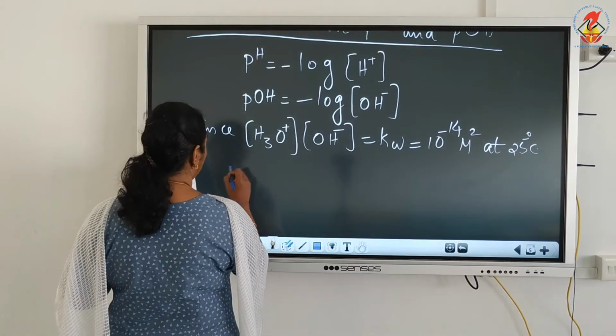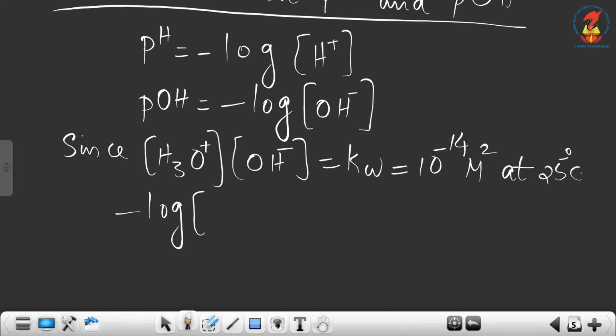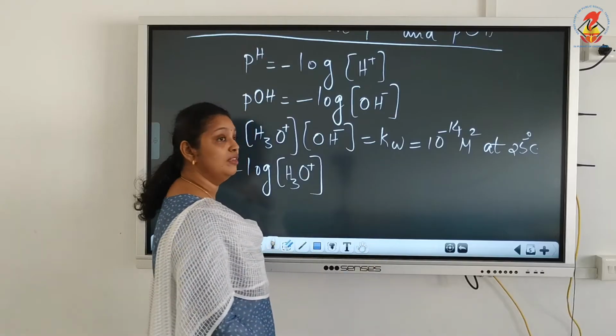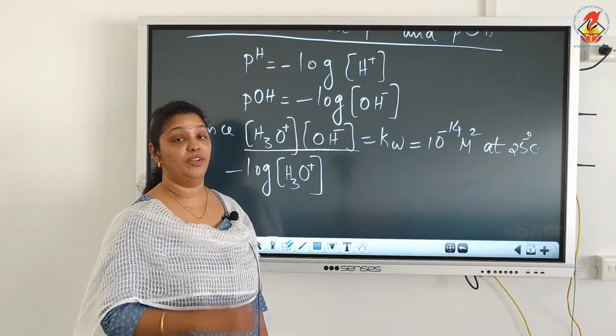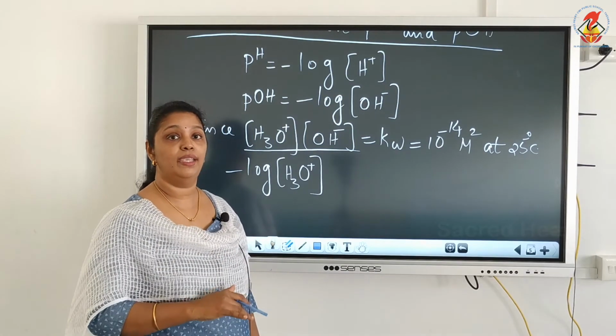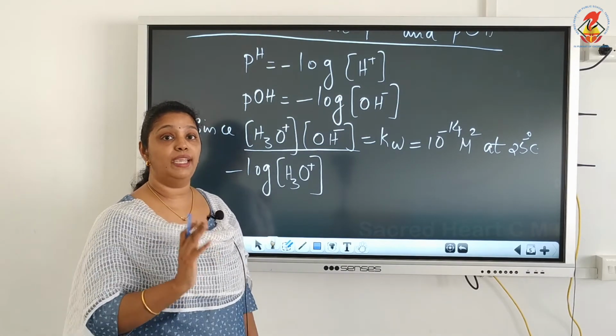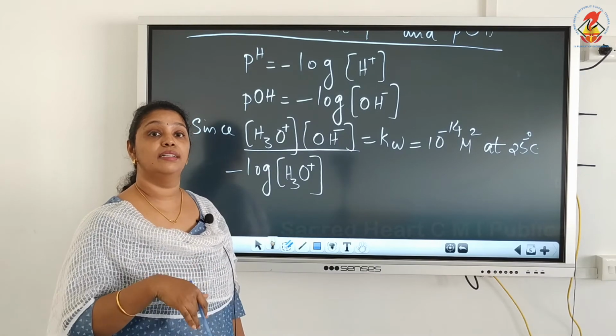So I will be writing it as minus log concentration of H3O plus. Now here it is the product, that is concentration of H3O plus into concentration of OH minus. When you take the logarithm, the product will be written as a sum.